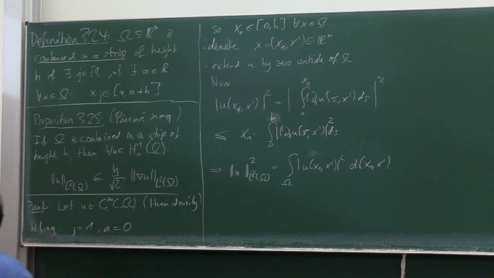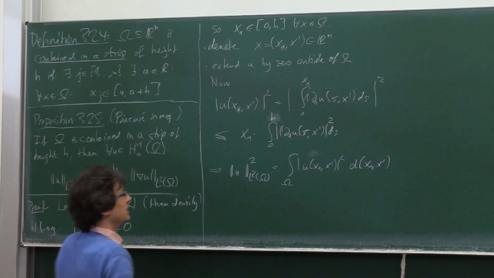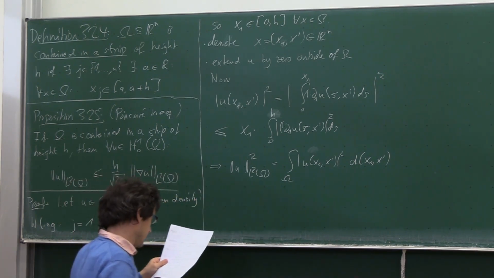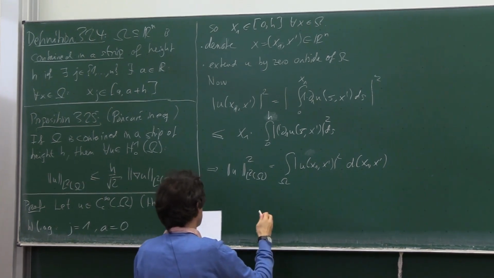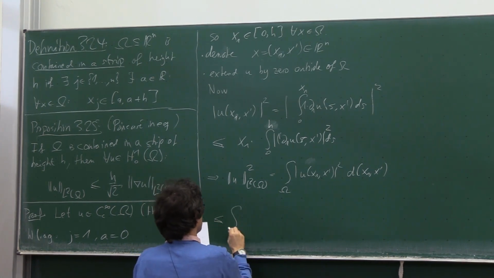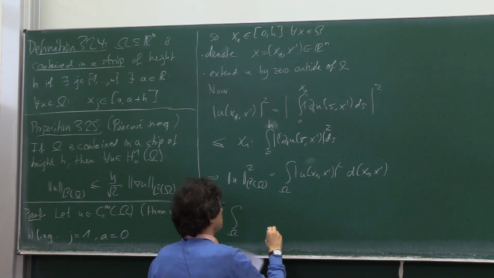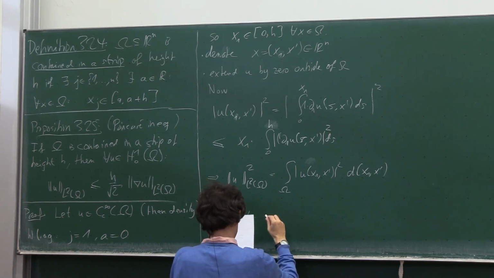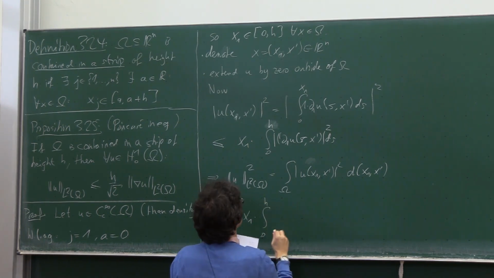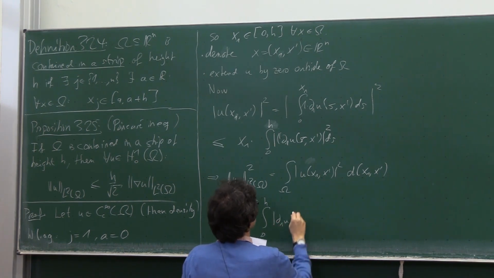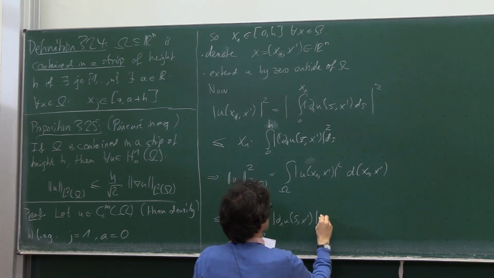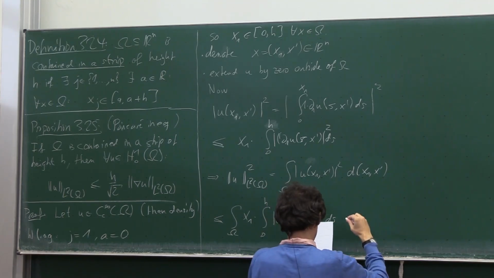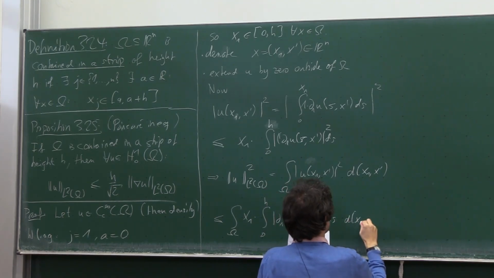I only write the square, so as not to write so many square roots. This is exactly what we have here, so let's take this estimate in there. This gives you an integral over omega of an integral from 0 to h of the modulus of d1u of s, x prime, squared, ds, and then dx1 dx prime.